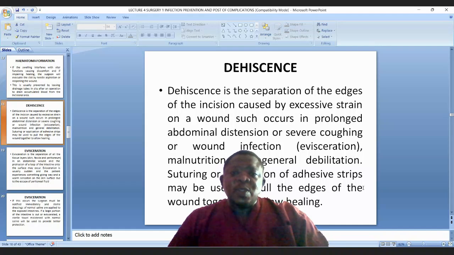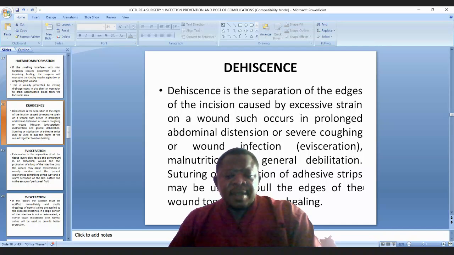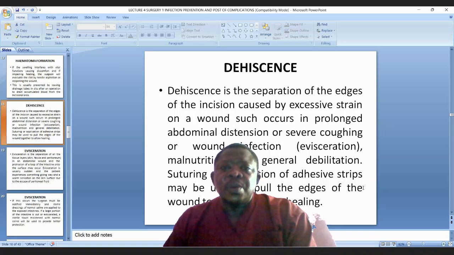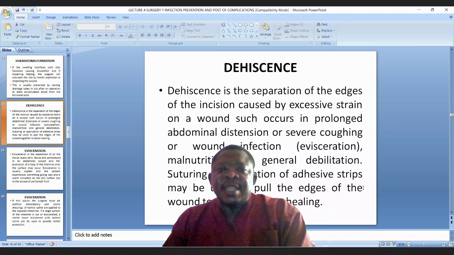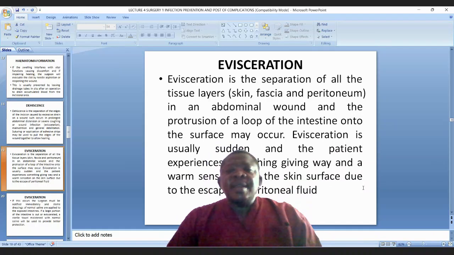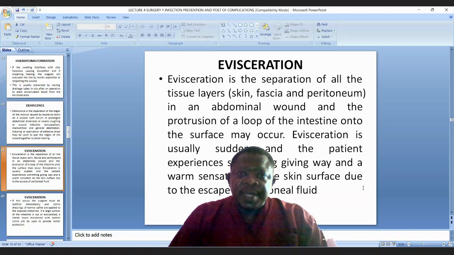What is wound dehiscence? A separation of the edges of the incision caused by excessive strain on the wound.